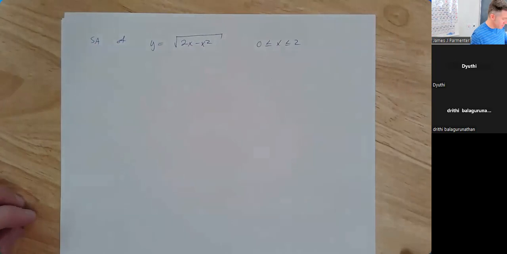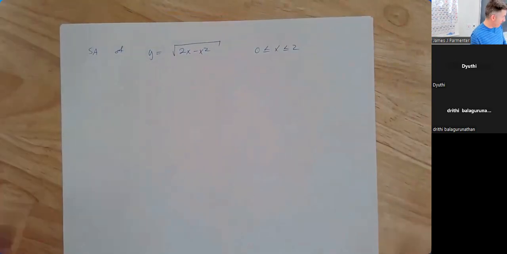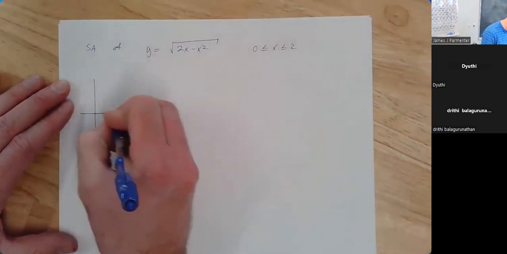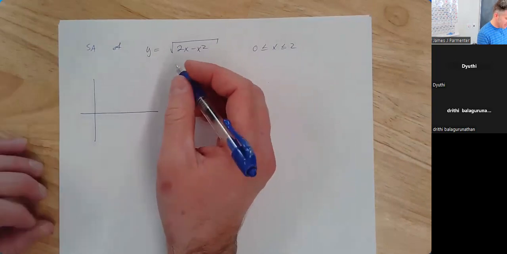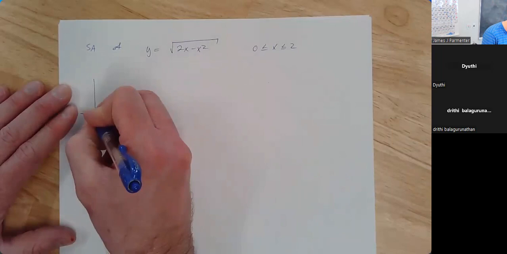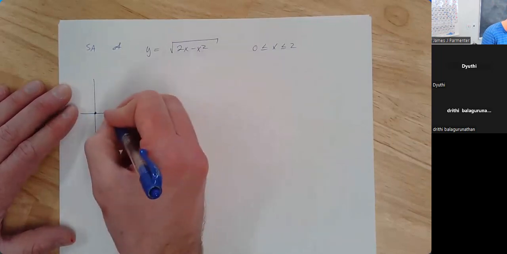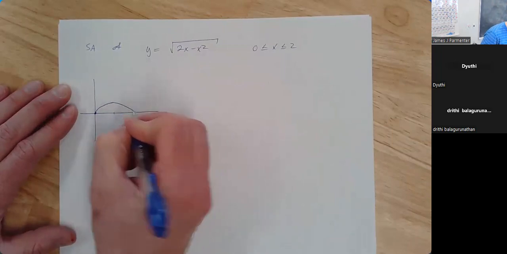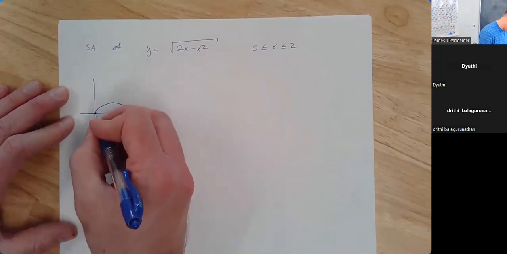X should definitely be limited to be in the domain of whatever function you have. We don't want weird values that aren't in the domain, and here we have that. This function kind of looks like the top half of a circle. If x is 0, you get 0. And if x is 2, you also get 0. So it kind of looks like this. We're revolving around.